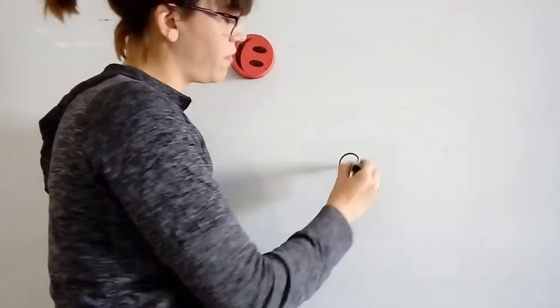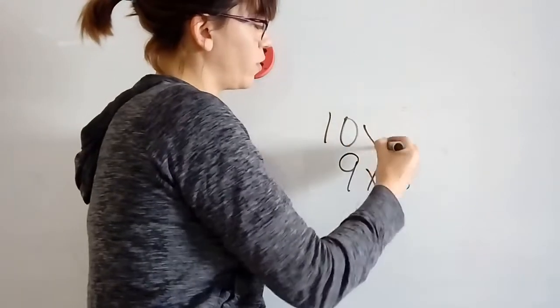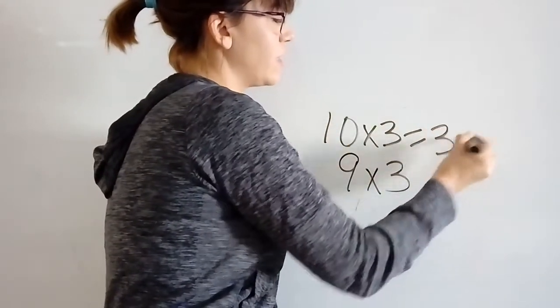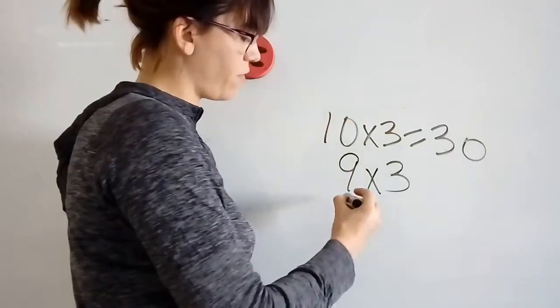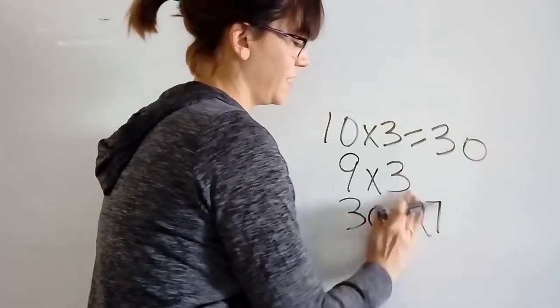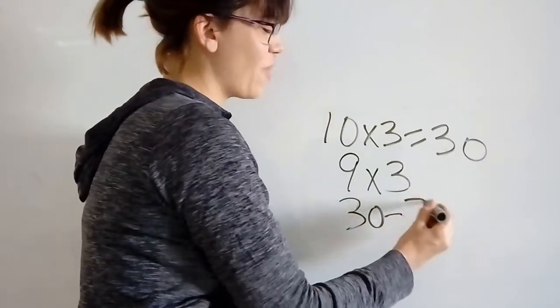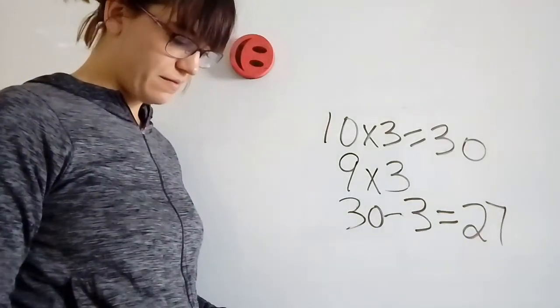If I want to know what 9 groups of 3 is, I can think I know 10 groups of 3 is 30. So 9 groups of 3 is 1 less group of 3. 30 minus 3 equals 27.